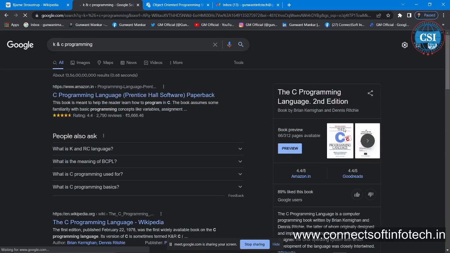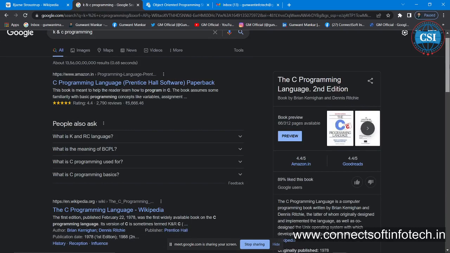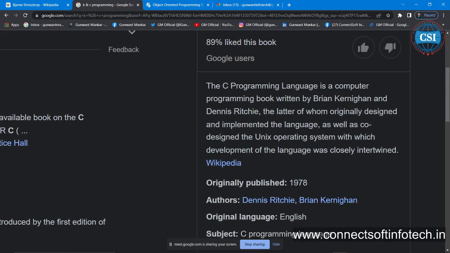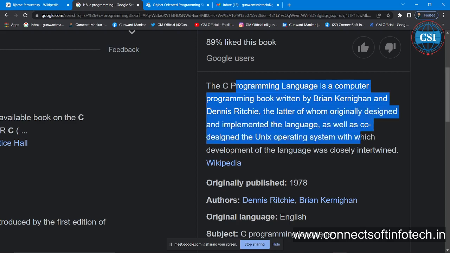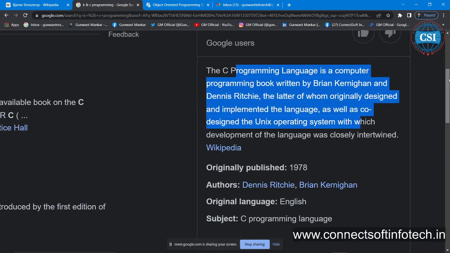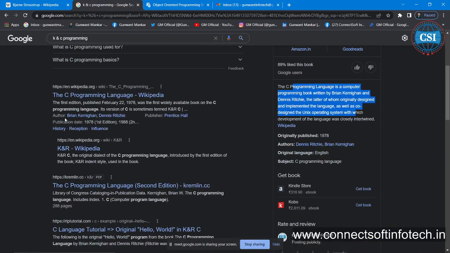Brian Kernighan and Dennis Ritchie. The C language is a computer programming book written by those who developed the Unix operating system.